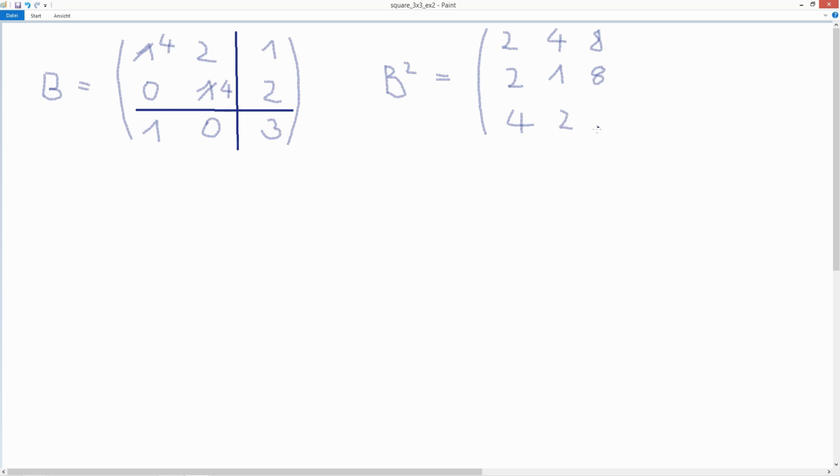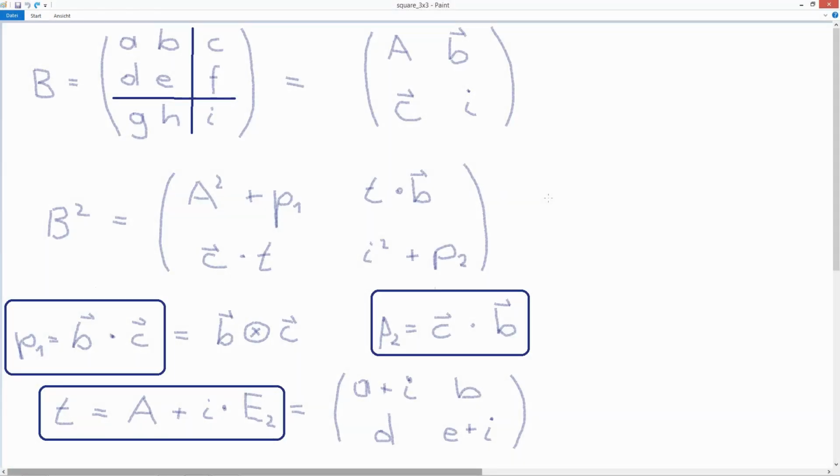And for this last entry here, I have to square 3, which is 9, and add the dot product of these two vectors. So 1 times 1 plus 0 times 2, which is 1, plus 9 is 10. And now we have found b squared.